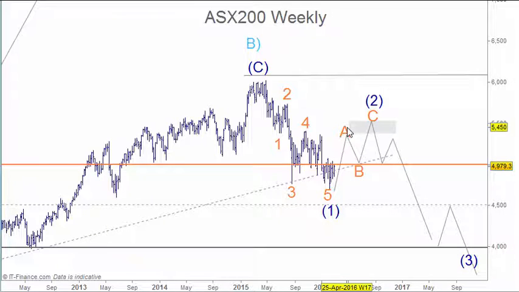So now we're looking at an A and a B and a C wave coming back into this area here and then moving up. Now, the mining sector will probably hold us, peg us down somewhat into all of this. But as I mentioned, in the US, we'll be looking for new highs being made above here.